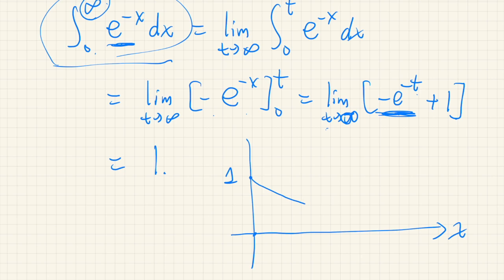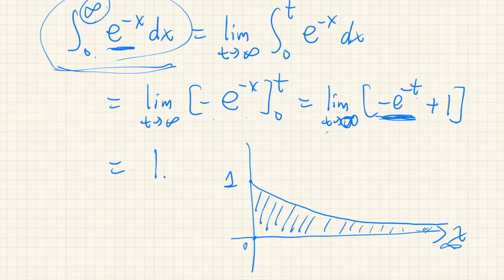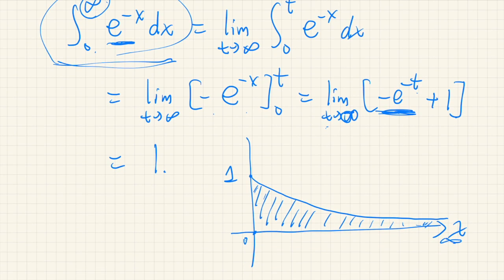So it becomes smaller and smaller, but it never becomes 0, but it converges to 0. So this integral means this area, right? So x going from 0 to infinity. It looks like this area is infinitely large, but it isn't. It converges to this value. So the area under this curve is equal to 1.